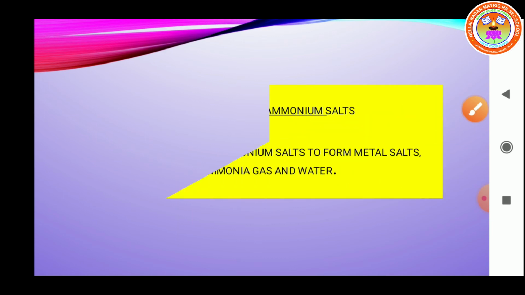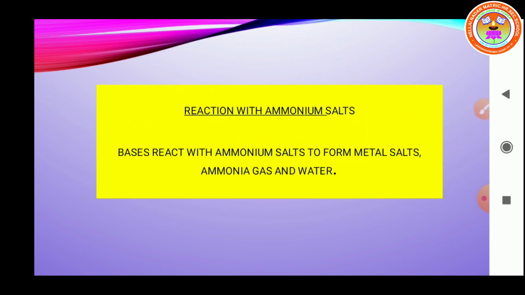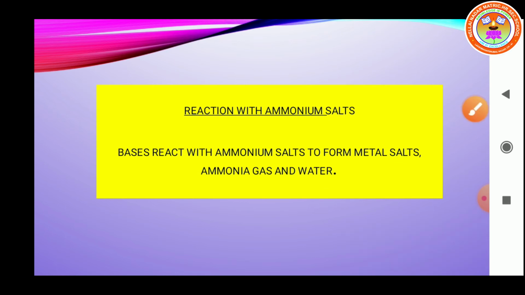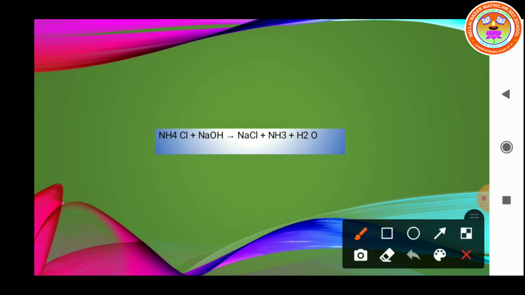What is the third chemical property? Reaction with ammonium salts. Bases react with ammonium salts to form metal salt, ammonia gas and water. How can we write the reaction?